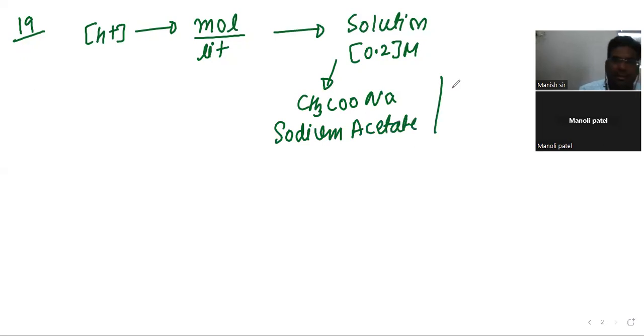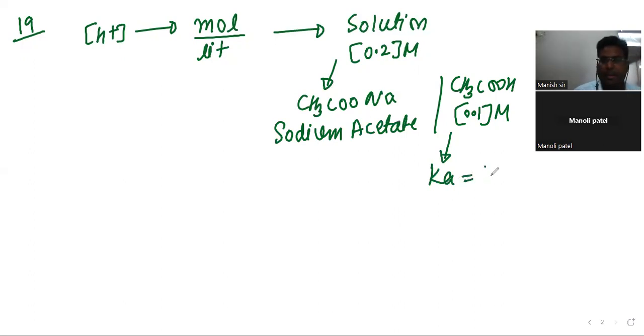Next is acetic acid, CH3COOH, whose concentration is 0.1 molarity. The equilibrium constant Ka for this acetic acid is 1.8 × 10^-5. So you have to calculate the pH value. It was asked in 2010.